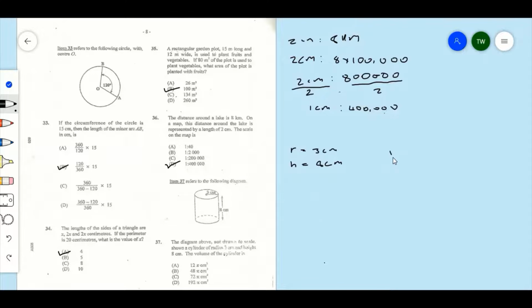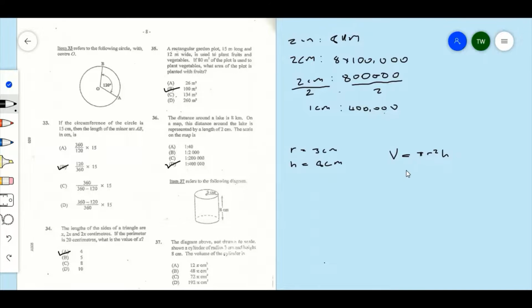So the volume, which is V in this case, of the cylinder is going to equal pi r squared h.